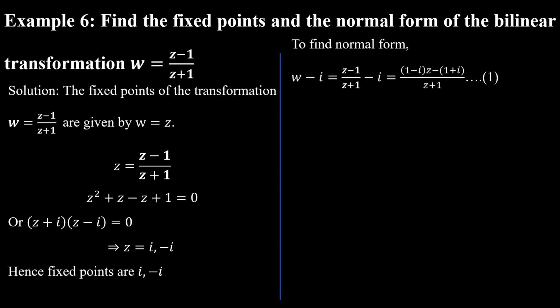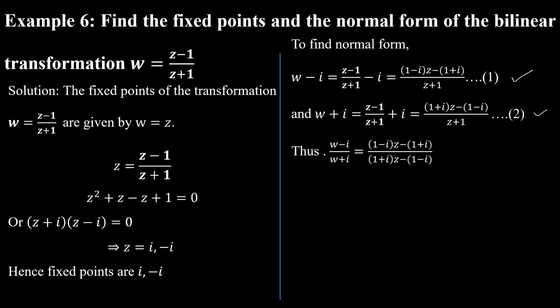Now to get the normal form, first we get w minus i. By putting w equal to the given transformation, we get this result. In the same way, w plus i, we get this result. Dividing these two, we get (w minus i)/(w plus i). The z plus 1 will be cancelled, and this is the simplified form.